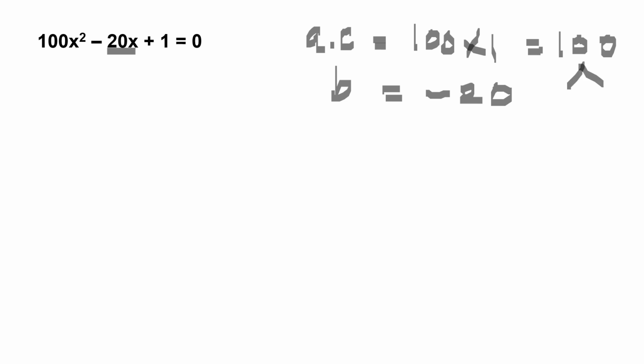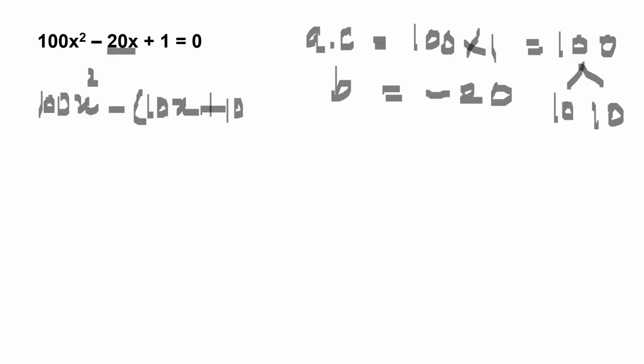We can split 100 as 10 and 10 because 10 into 10 is 100 and 10 plus 10 is 20. So how will you solve this one? Okay, we can rearrange this as 100x square minus 10x minus 10x plus 1 equal to 0.